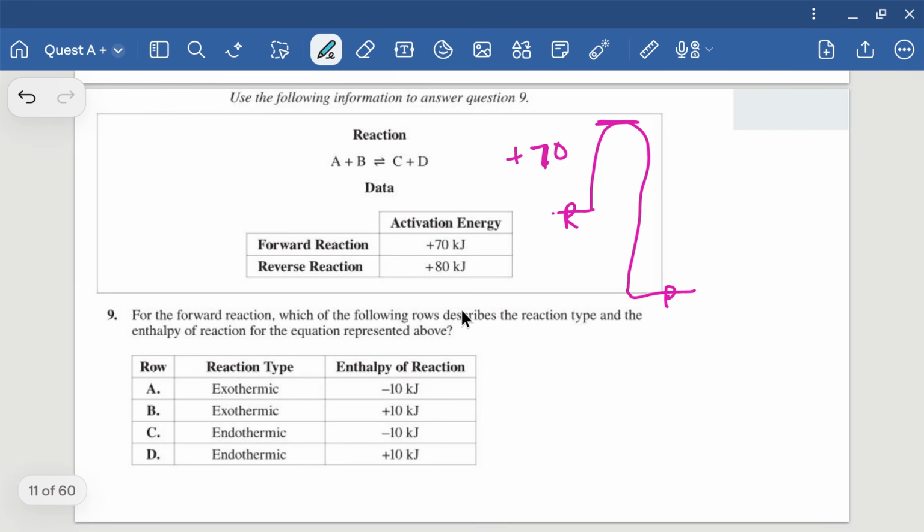The distance from the products to the top of the hill, this distance here, is 80. That's the reverse reaction. So here we can tell just by filling those values in that it's going to be exothermic, and the reaction enthalpy is the difference between your reactants and products, which will be 10. You are dropping, and it's also exothermic, so we know that value has to be negative.